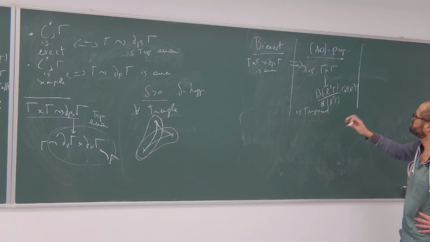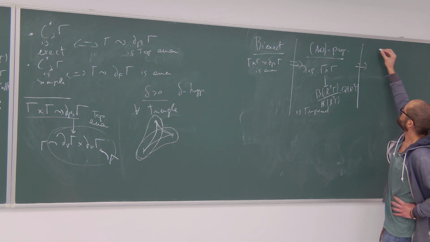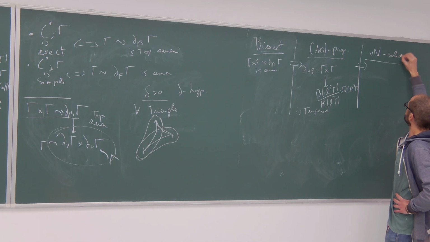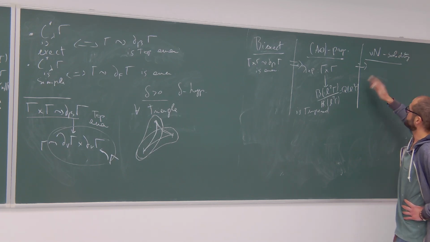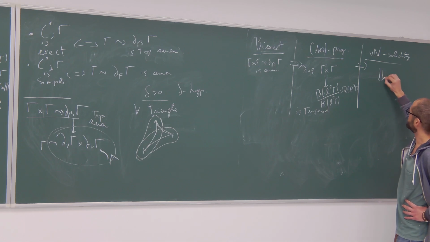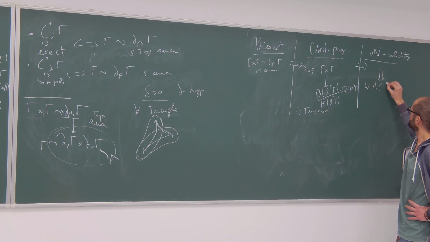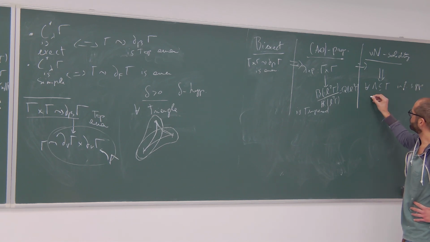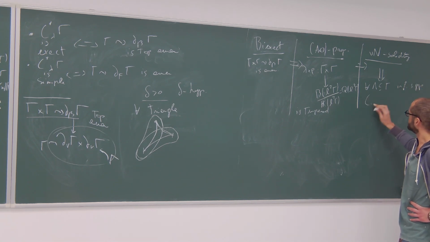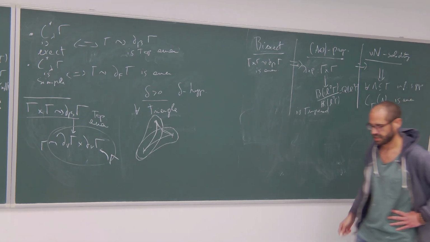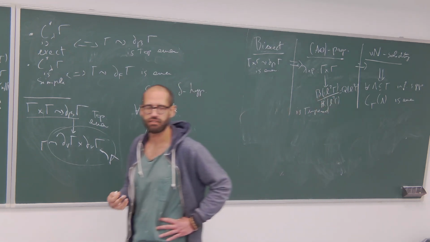He proved that this implies this, and at the end this implies another property that is called von Neumann solidity. I don't give the notion here, but in particular this property implies that for every infinite subgroup, the centralizer of this subgroup inside the larger group is amenable. And it's really a counterpart at the level of algebras of this problem.